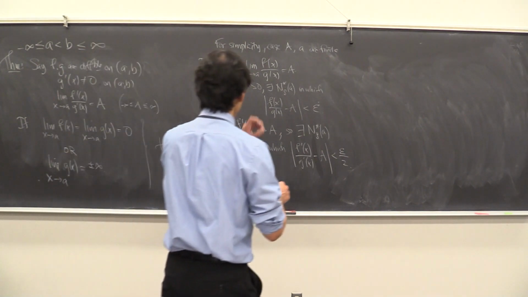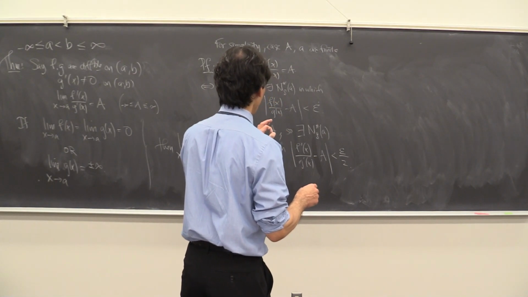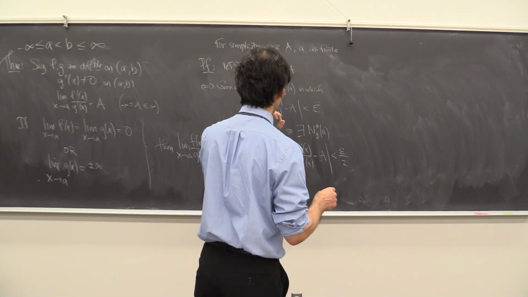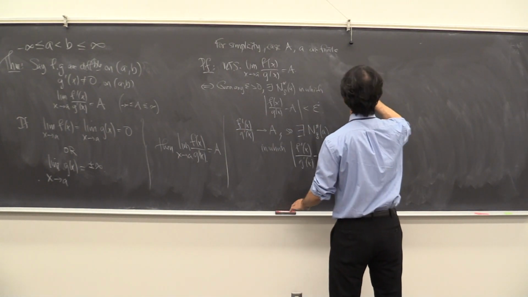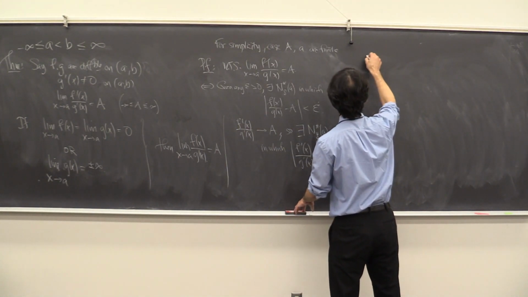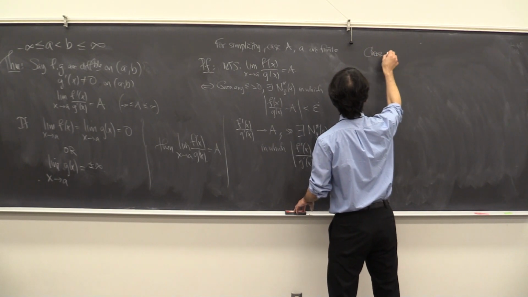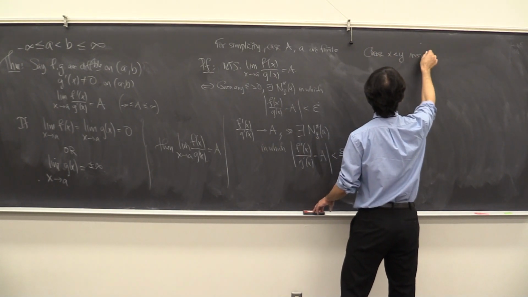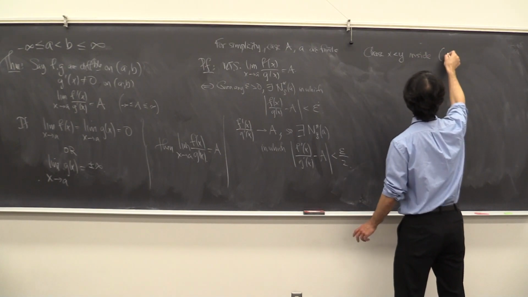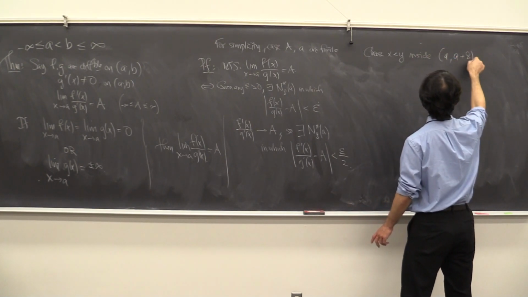Same sort of thing. So again, choose x and y inside that neighborhood A equals delta.